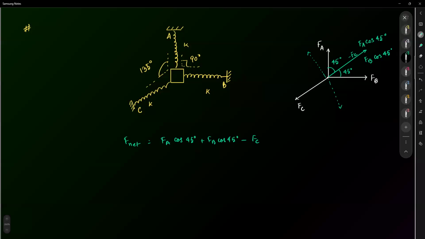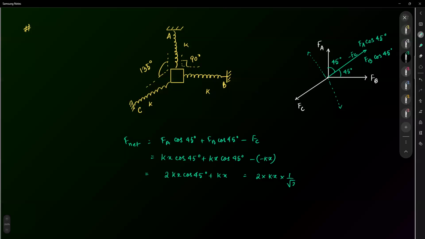So what is FA? Kx cos 45 plus Kx cos 45 minus of minus Kx, that is 2 into Kx cos 45 plus Kx, that is cos 45 is 1 by root 2, that is 2 into Kx into 1 by root 2 plus Kx, right?